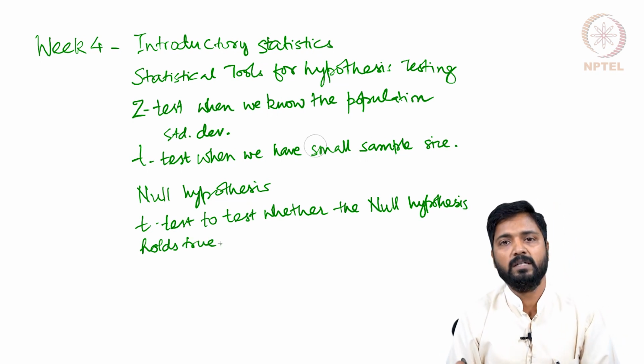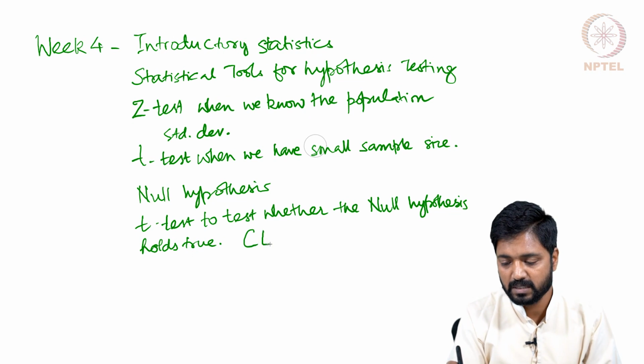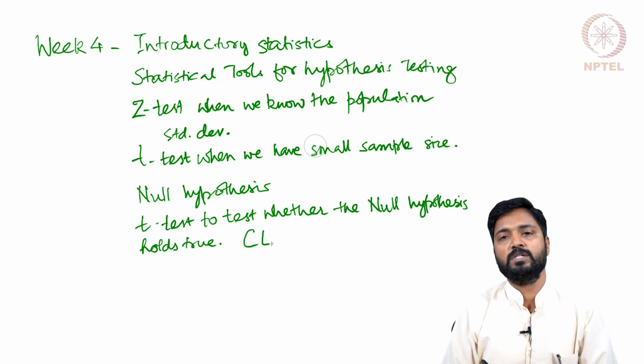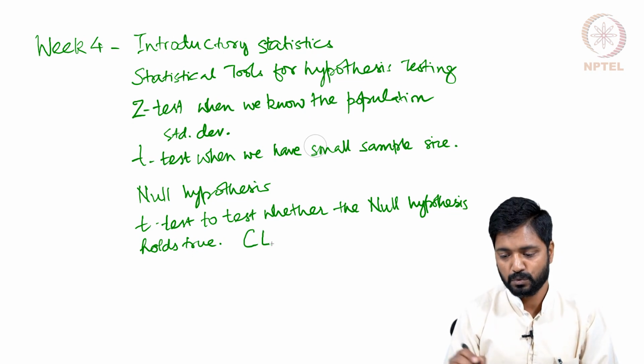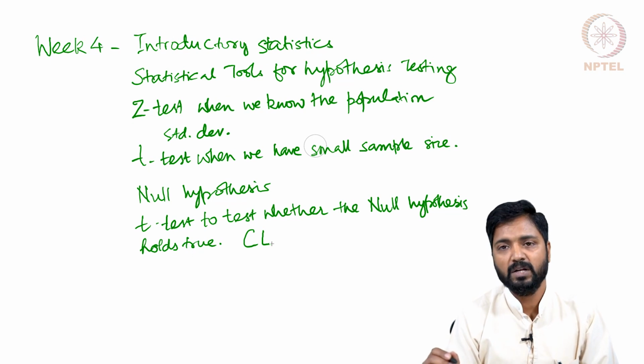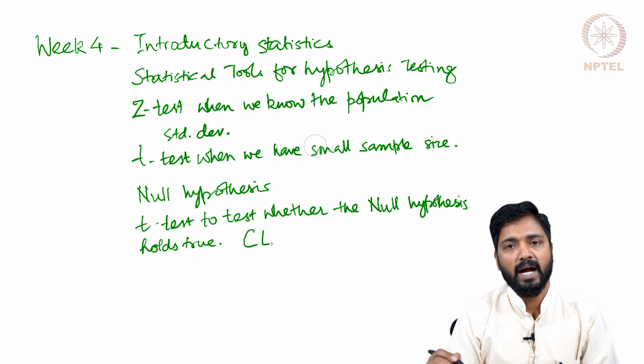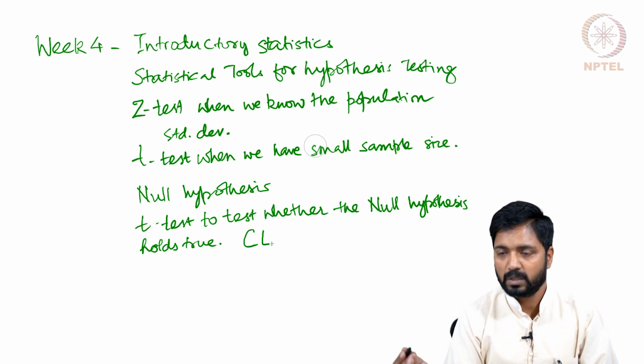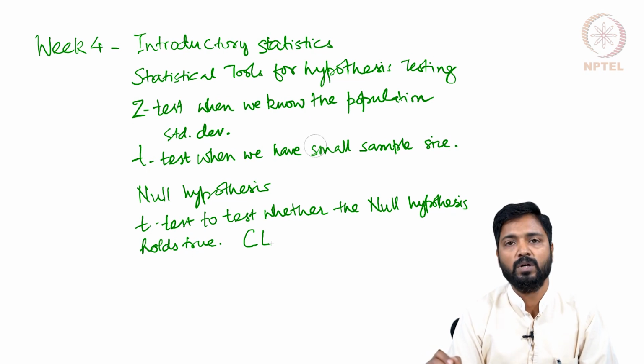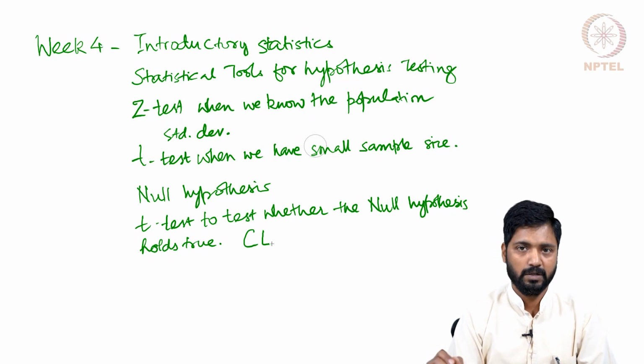And we talked in terms of the confidence level. This is a very important concept that we also got introduced to. So the confidence level will in turn decide the confidence interval, and our inference or the results will change based on what confidence level we are talking about.